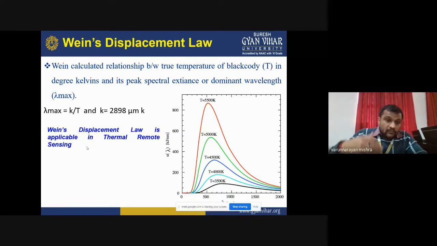The radiation coming from the object after it gets heated to some temperature has the maximum wavelength lambda max up to a certain range. That is Wien's displacement law. It has different ranges. You see, at different temperatures we may have radiation with different wavelengths.